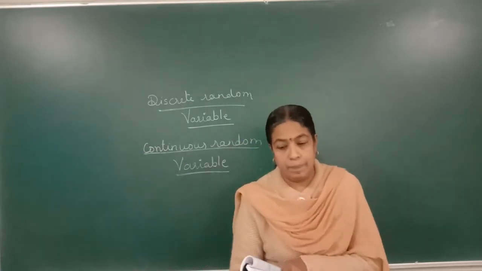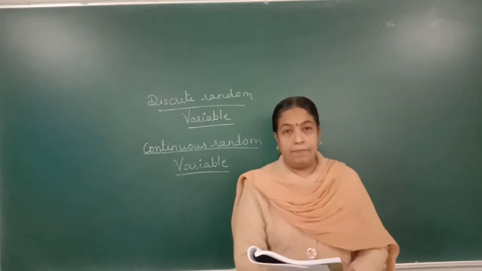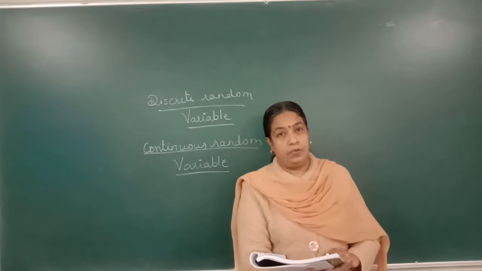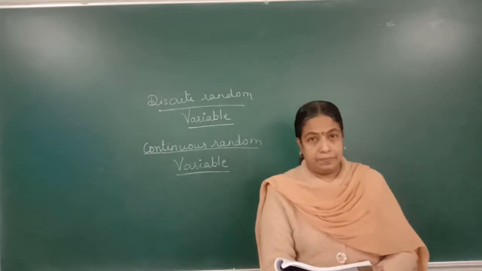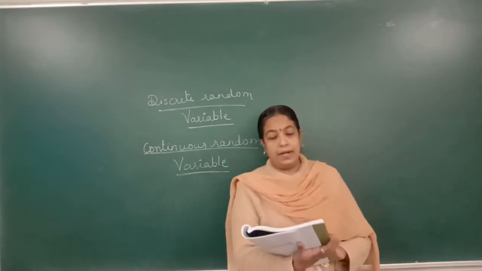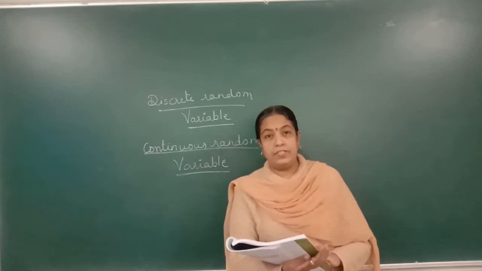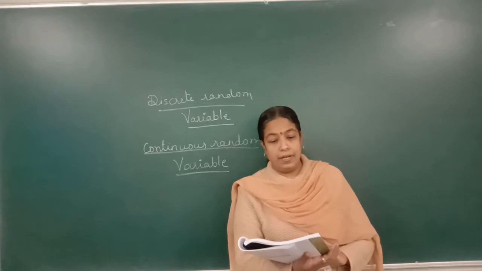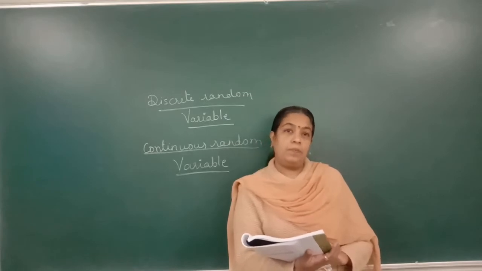Now see, a continuous random variable has uncountably infinite possible values. For example, continuous random variables include height of trees in a forest, weights of students in a class. Now see what is that? Uncountably infinite possible values.